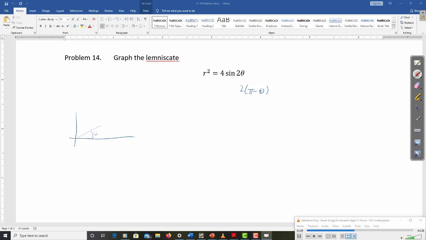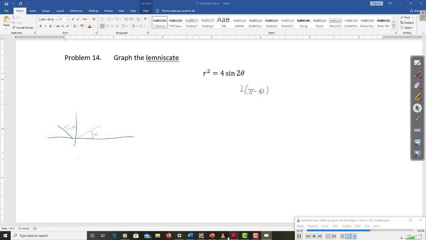So suppose I had something in here, pi minus theta would be here. And then 2 times pi minus theta would take me into the negatives, probably over in quadrant 4. So it would not be the same sign. So it's not symmetric about the x-axis.